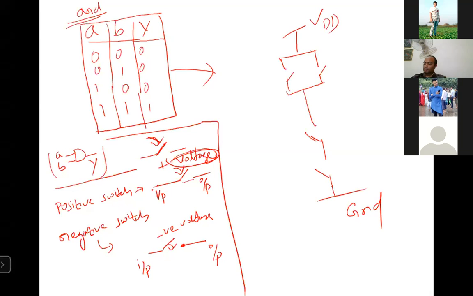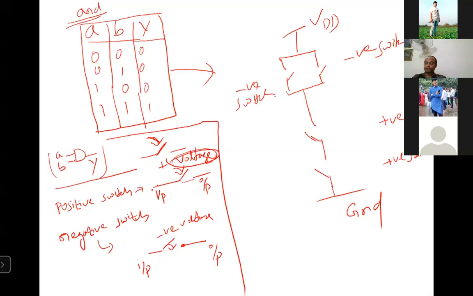These are the positive switches. This is a positive switch. This is a negative switch.